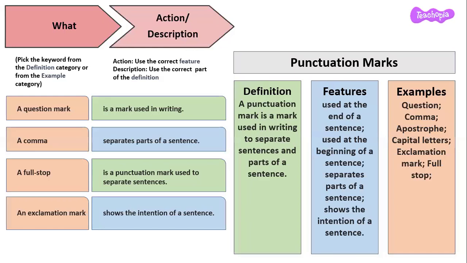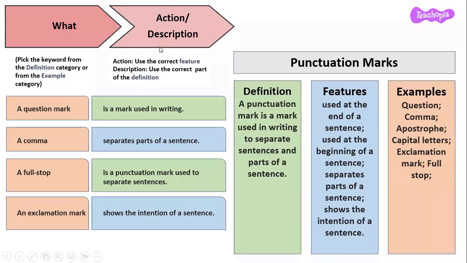So here we see the vocabulary set for punctuation marks. And if you notice, under the block what, we have mostly used keywords from the definition category or keywords from the example category, like a question mark, a comma, a full stop, or an exclamation mark. Now, how do we add actions or descriptions using a vocabulary set that you have created?